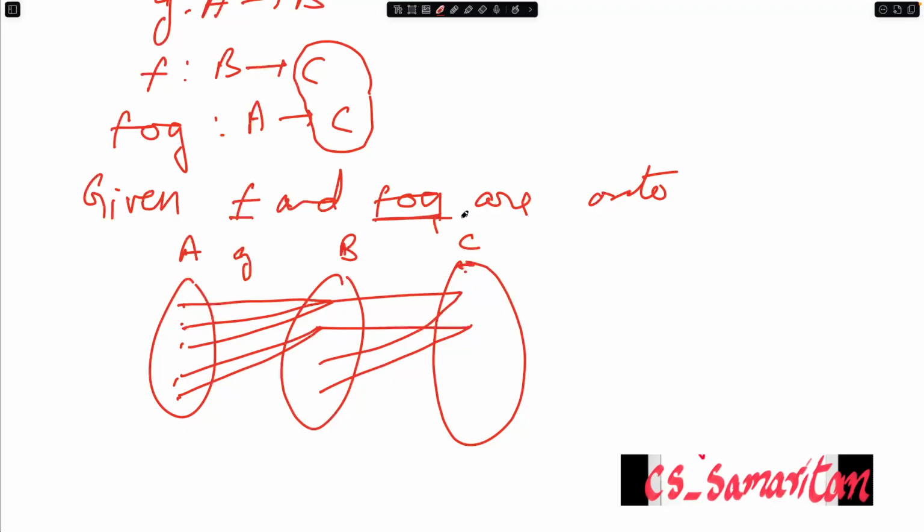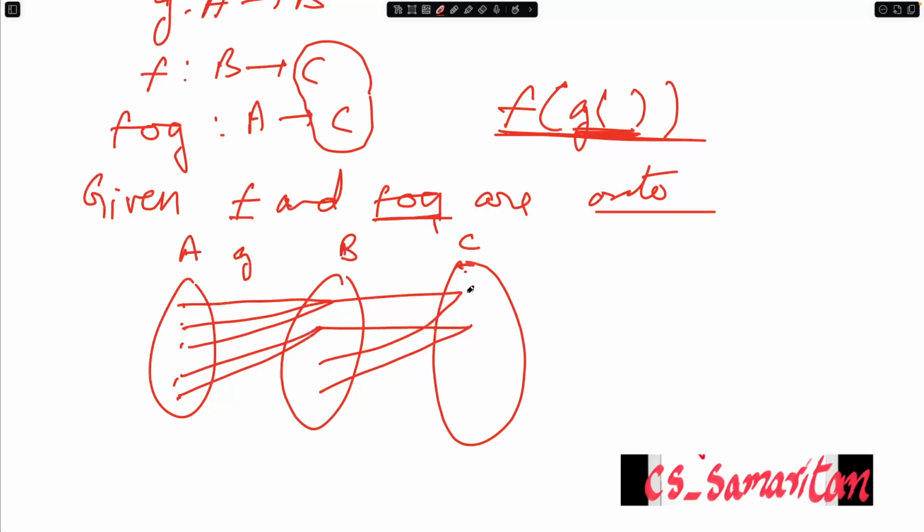FOG means what? F of G, like this. So the range of G, being used as a domain, must cover every single element of C. That is something that must exist for FOG to be an onto function.